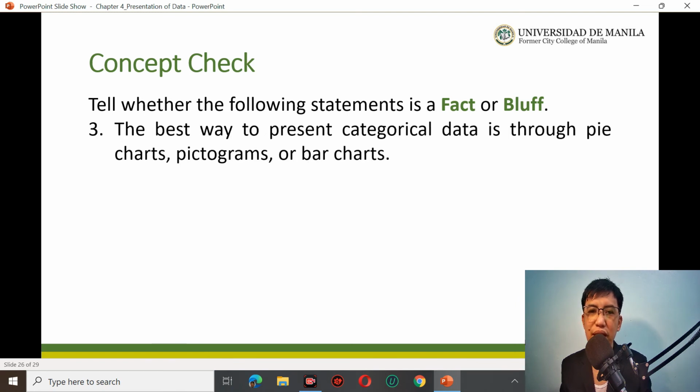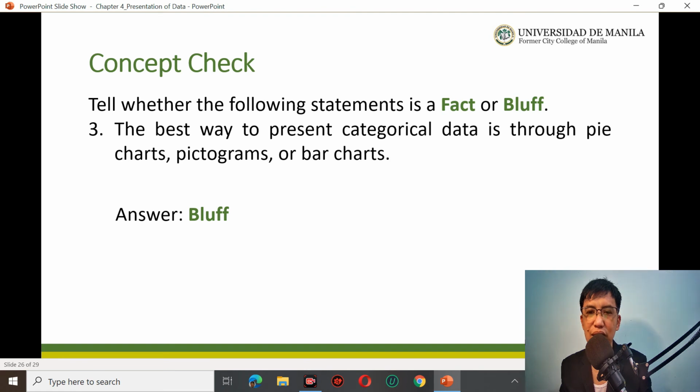Number 3. The best way to present categorical data is through pie charts, pictograms, or bar charts. 10 seconds. The answer is, actually it's a fact.